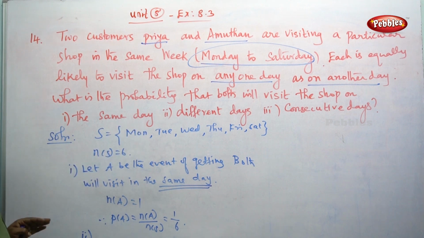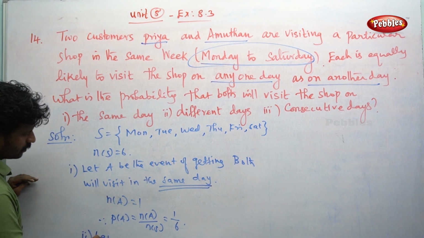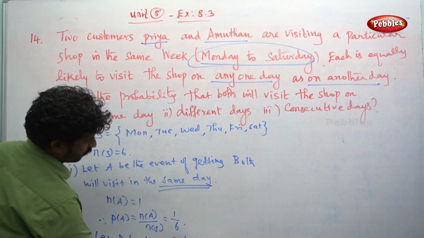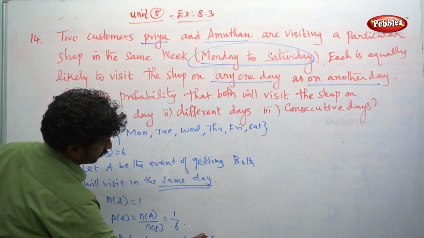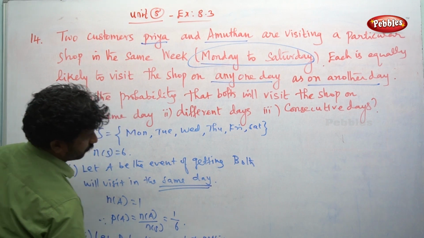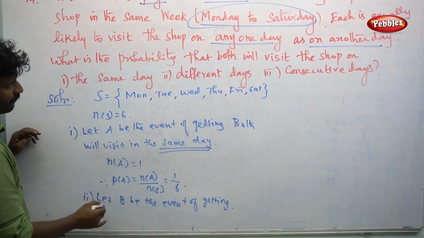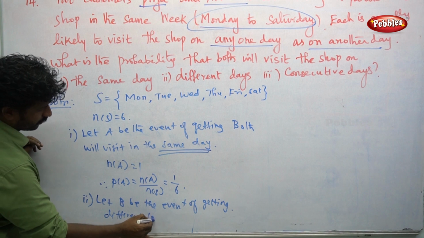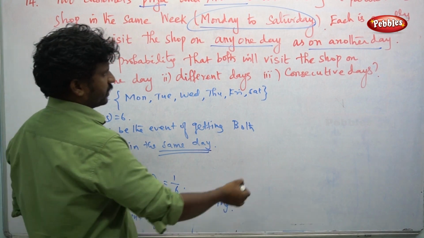இப்போ the second point, what is the second point? Different days, வெவ்வேறு டேஸில் வராங்க அப்படின்னா let B be the event of getting the different days.